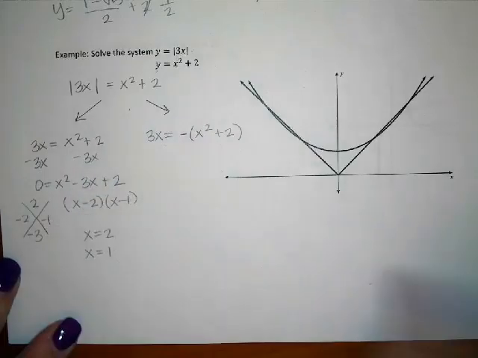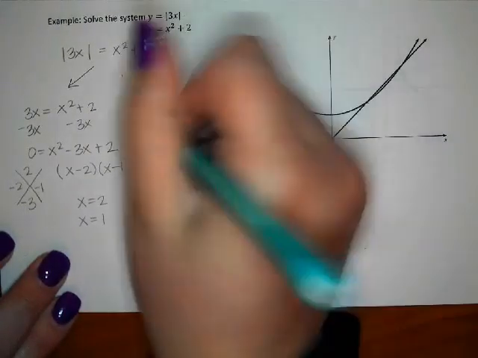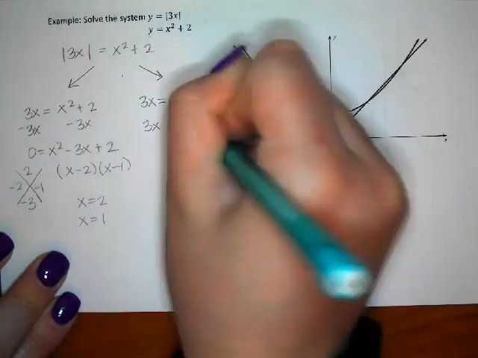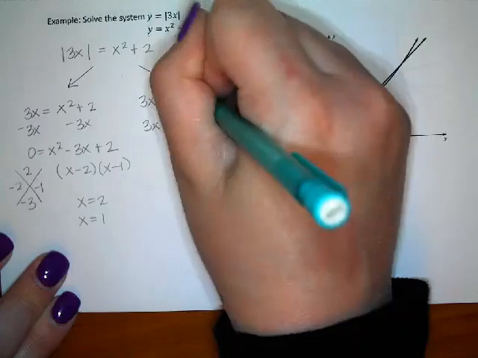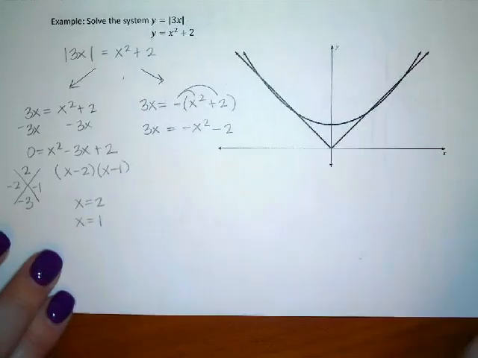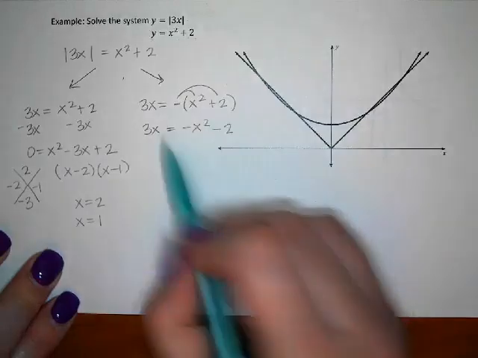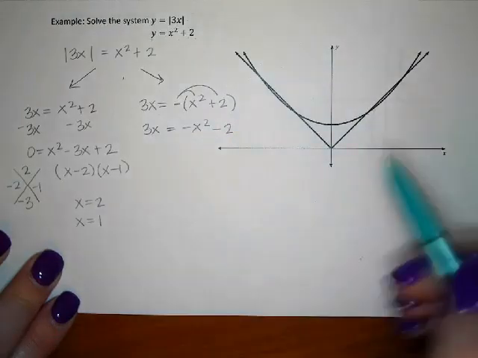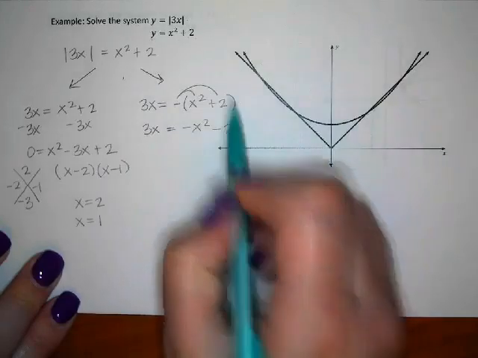Okay? And then over here, we have 3x equals negative x squared minus 2. I'm just distributing that negative. Again, we have a quadratic equation, and I want to make this equal 0 so I can try to factor it. So I'm going to take the x squared and move it to the left side. I'm going to take the 2 and move it to the left side.